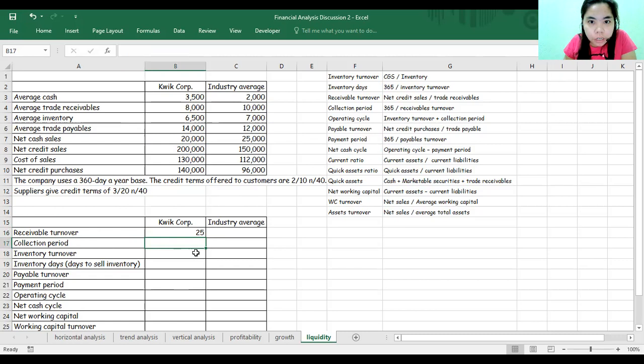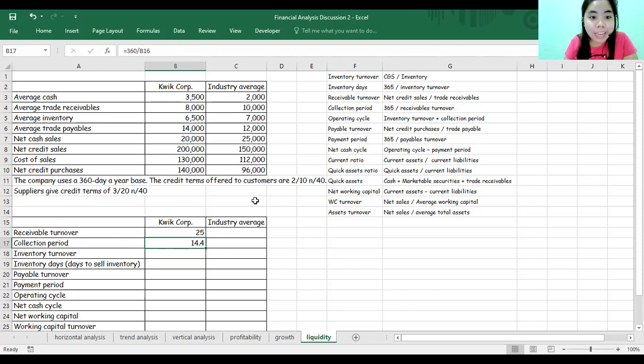Collection period is 365, rather 360, divided by receivable turnover. So you are collecting, within a year, 14 times.